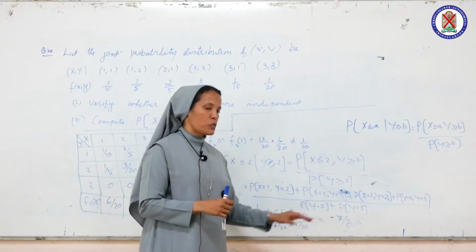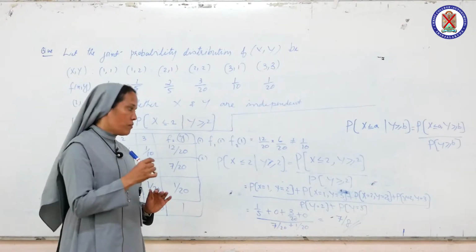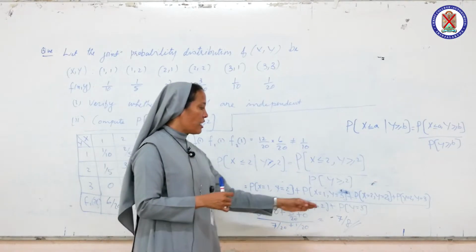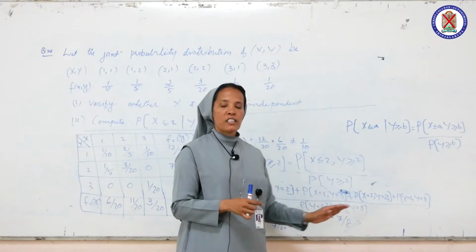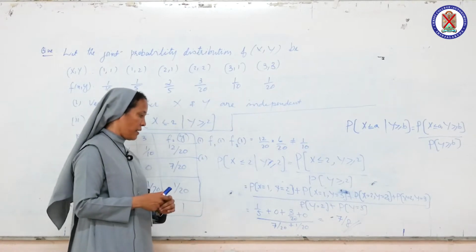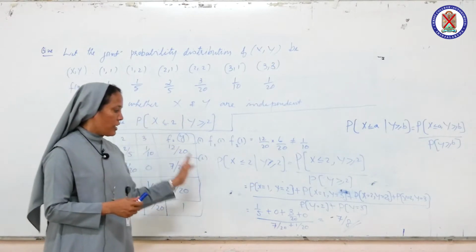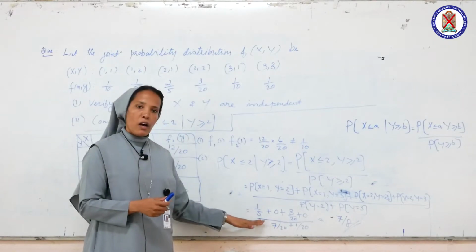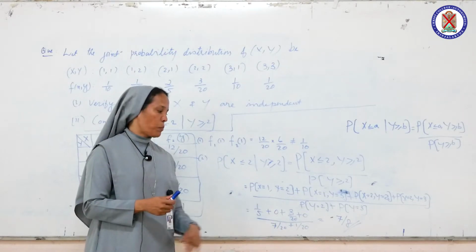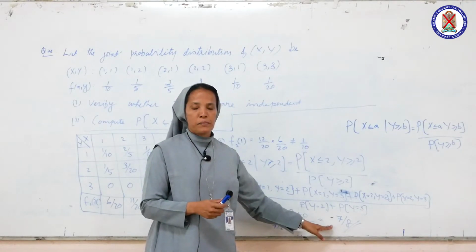Probability of y is equal to 2 means the marginal density function of y when y takes the value 2, and the probability of y is equal to 3 means the marginal density function of y when y takes the value 3. Then from this joint probability table we have the corresponding probabilities. On applying these probabilities we have the final result 7/8.